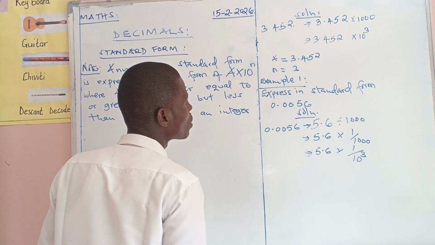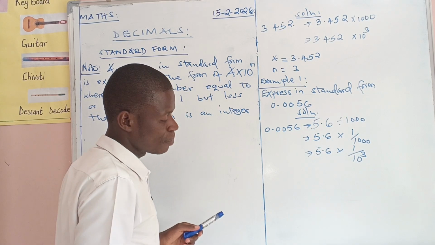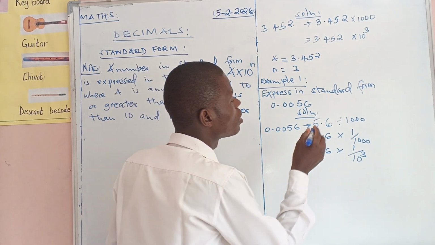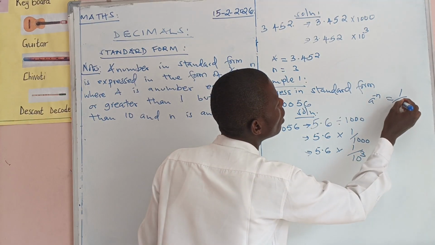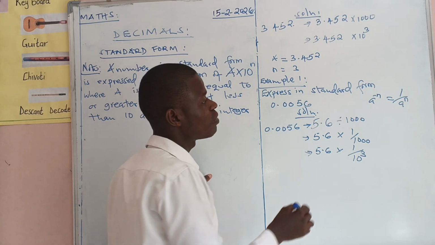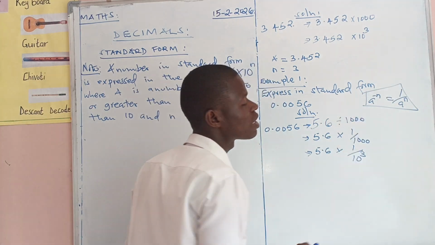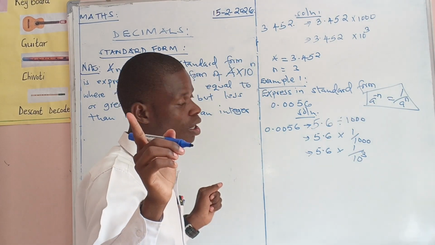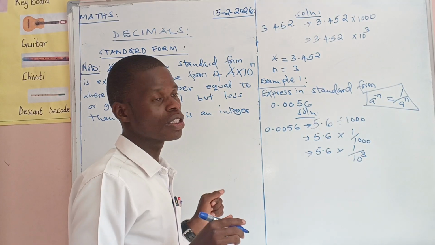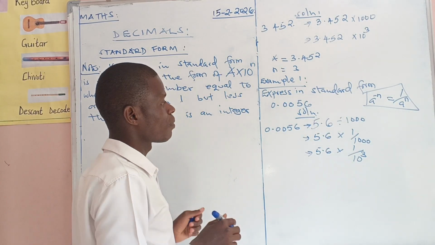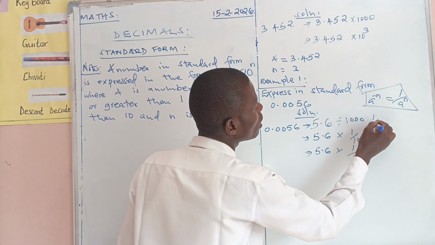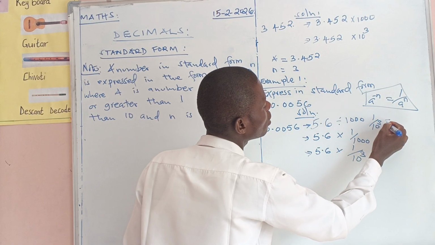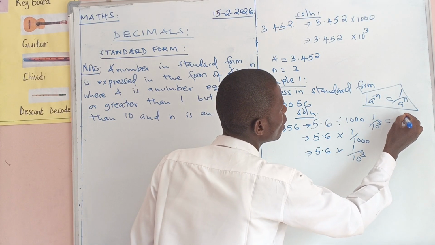So I need to know how to express this. How do you express that? Very simple. We say that if we have a raised to the power negative n, this is the same as 1 over a raised to the power n. That is whatever we talked about in laws of indices. So if you have not, go check it out. So here, 1 over 10 raised to the power 3 is the same as 10 raised to the power negative 3.